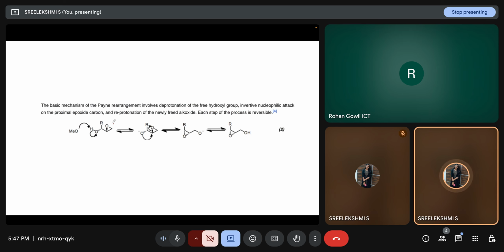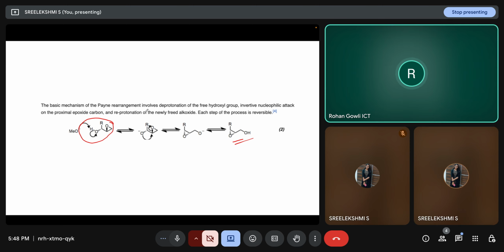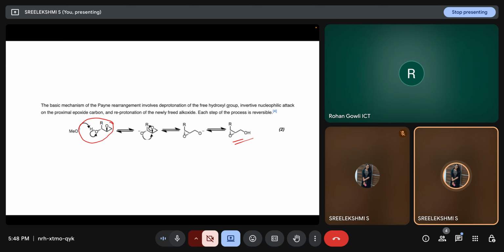If we have an epoxy alcohol like this and the base abstracts this proton, the negative charge can open that epoxide and result in this particular epoxy alcohol. This is known as the Payne rearrangement. The deprotonation of the free hydroxyl group takes place, then nucleophilic attack on the epoxide, and then reprotonation takes place to give this epoxy alcohol.